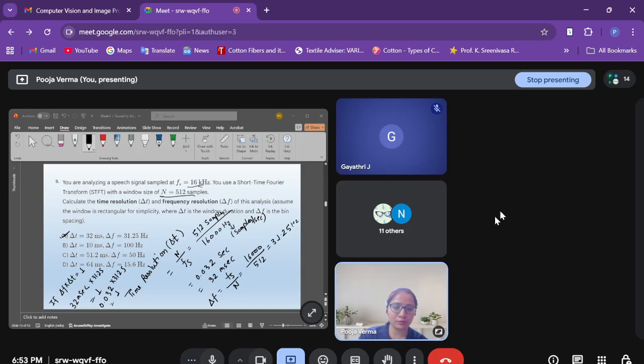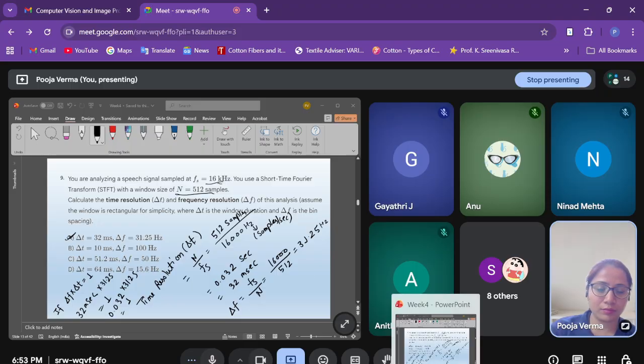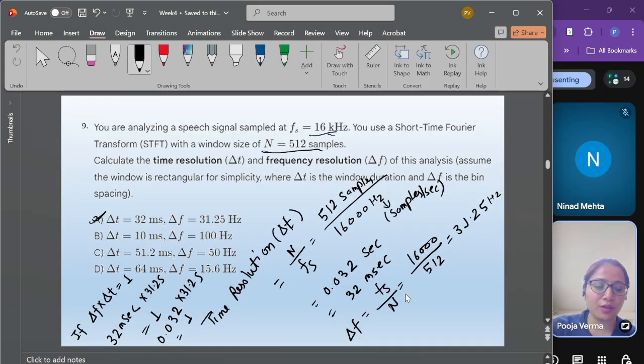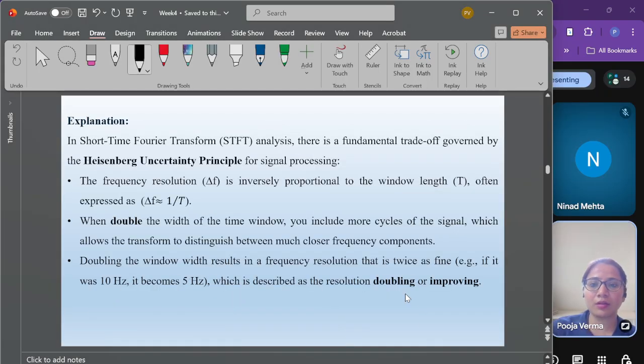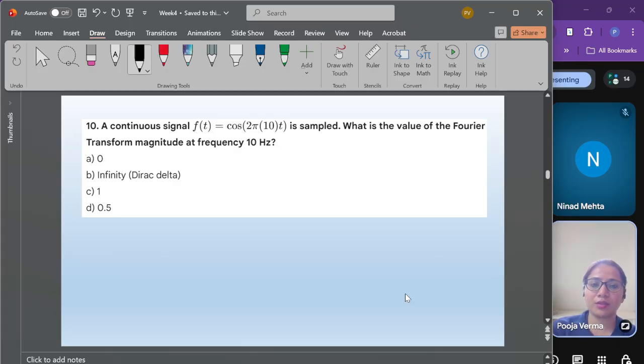Okay, so now moving to our next question. A continuous signal f(t) equal to cos 2 pi 10 t is sampled. What is the value of the Fourier transform magnitude at frequency 10 Hz?